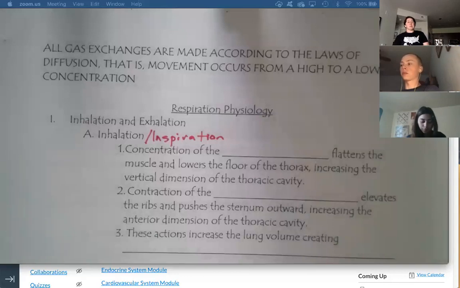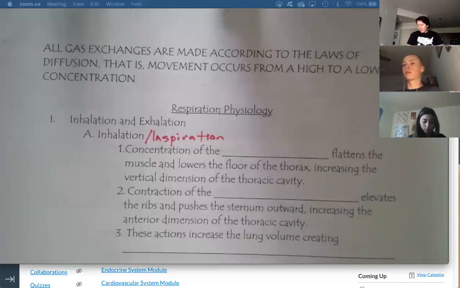Now, a lot of the time, people come in thinking, if they haven't heard about this before, that when we breathe, we're basically sucking in air and blowing out air. That's not actually how this happens. The way this happens is all about diffusion. So in order to breathe in, we need to get the pressure inside the lungs to be less than the pressure in the atmosphere, and then vice versa for breathing out, okay?